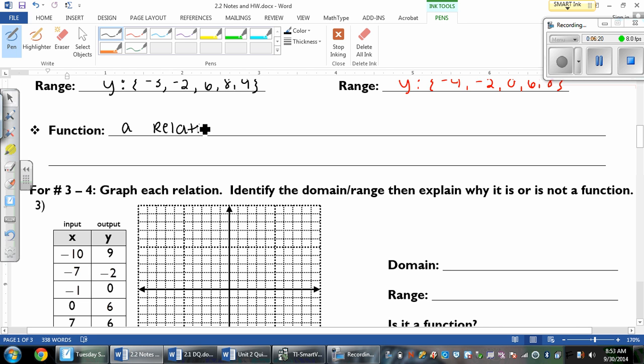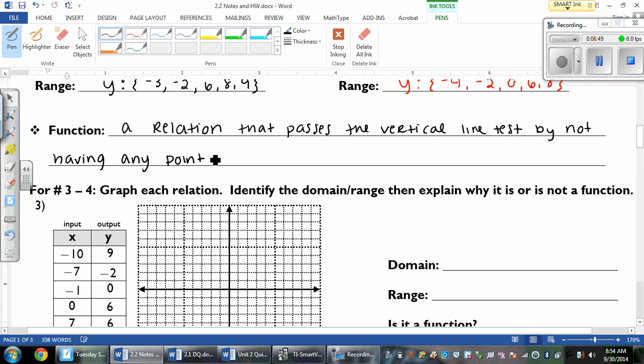Again, remember, a relation is just a pairing of input and output values, so pairs of x and y's, that passes the vertical line test by not having any points directly above each other.